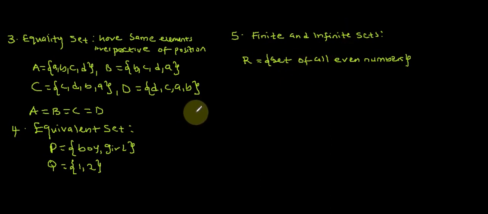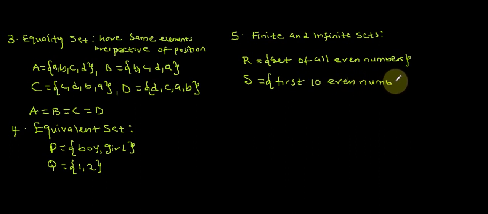But a finite set has an end. Let's say the set of the first 10 even numbers. Let's say set S is the first 10 even numbers. So you already have it in mind that when I'm starting to list this, we have 2, 4, 6, 8, 10.